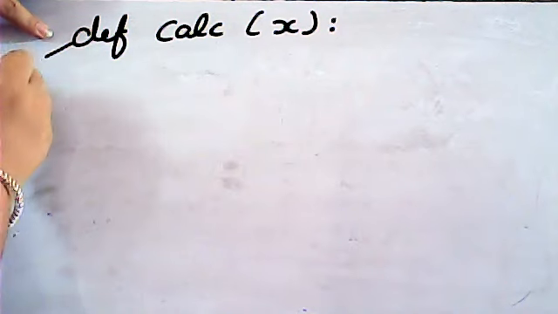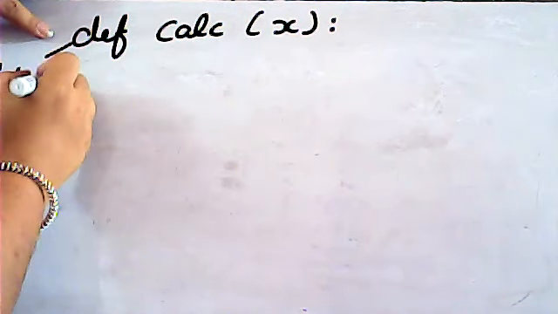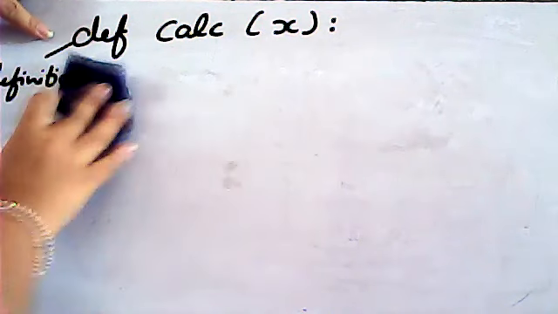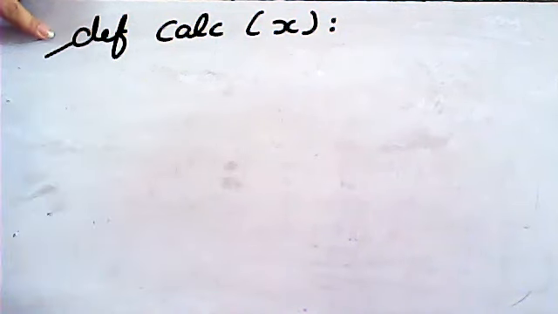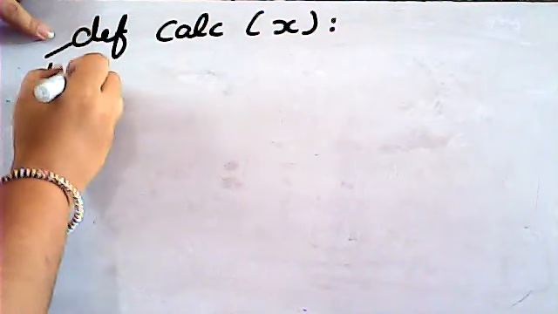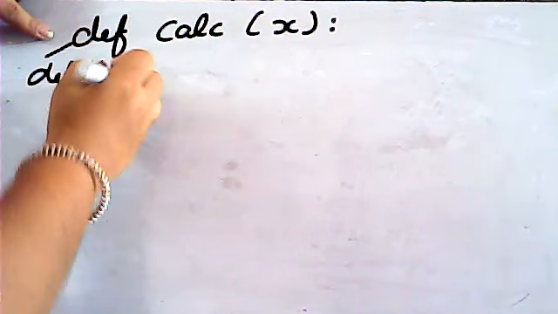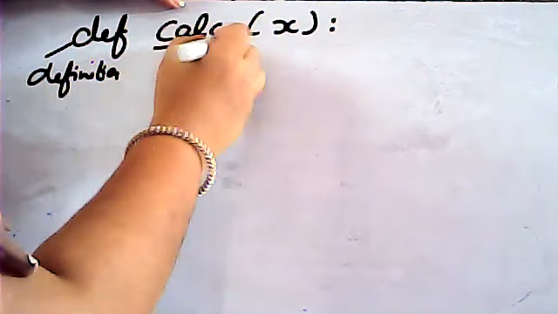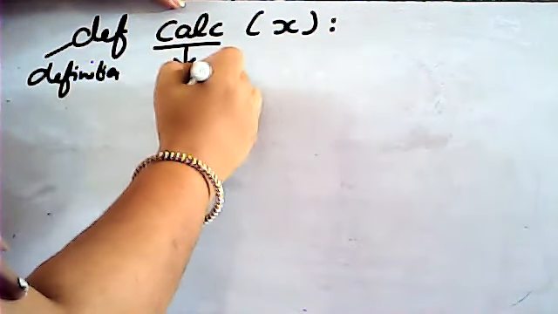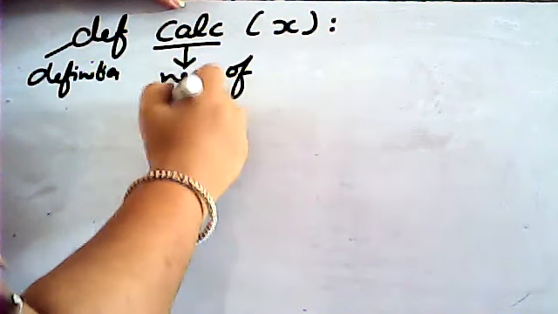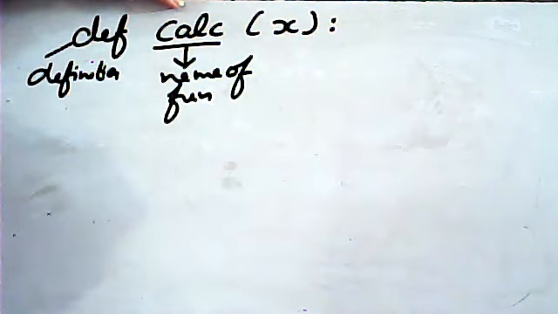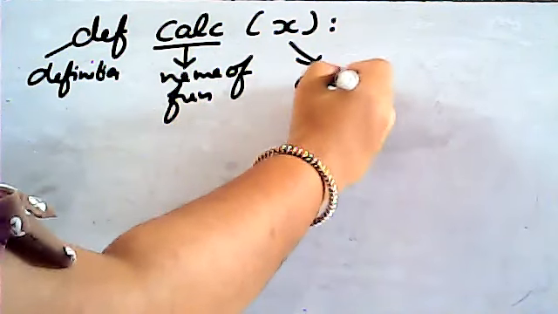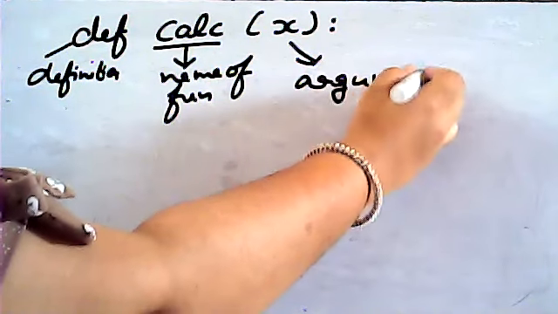Def is what? That is definition. Then comes the name of the function. And what is the x here? X here is the argument to the function.